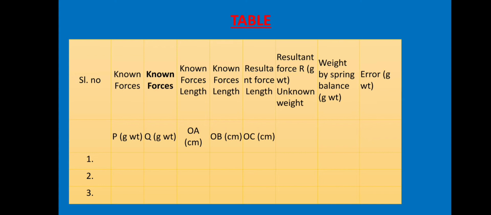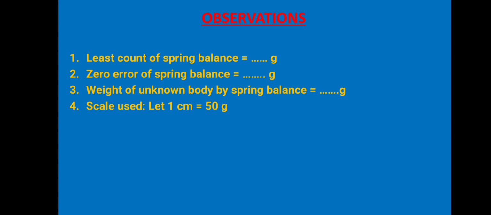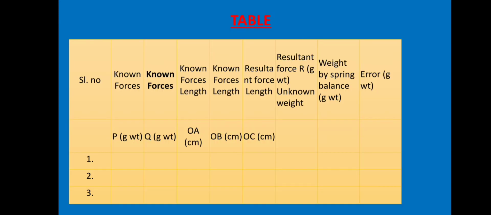So 50 gram, what we have taken the scale, 50 gram 1 centimeter. So if it is 200 gram, we will take it 4 centimeter. Same for OB, proportionate length we will take. If it is also 200 grams, you will take 4 centimeters.